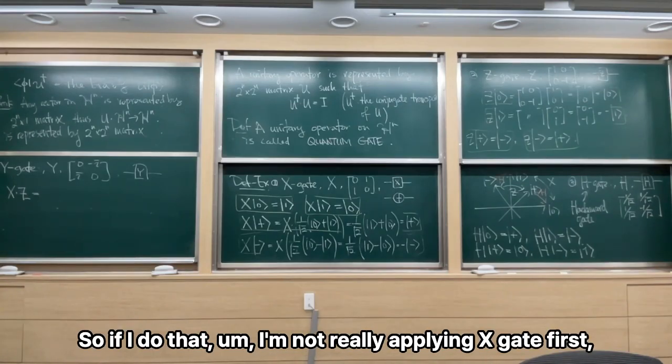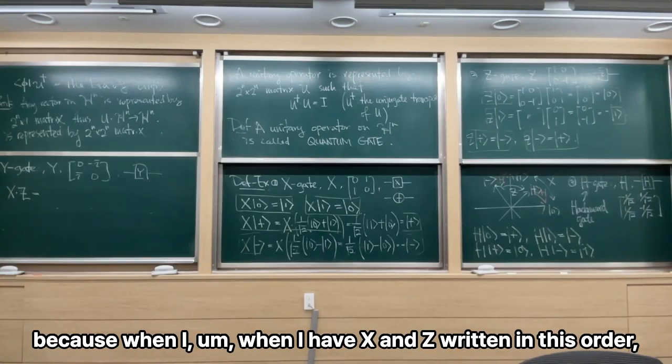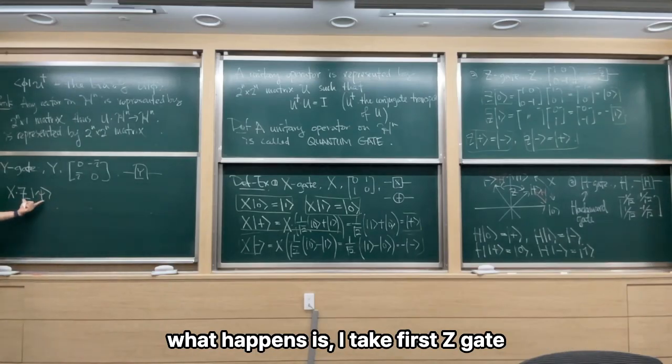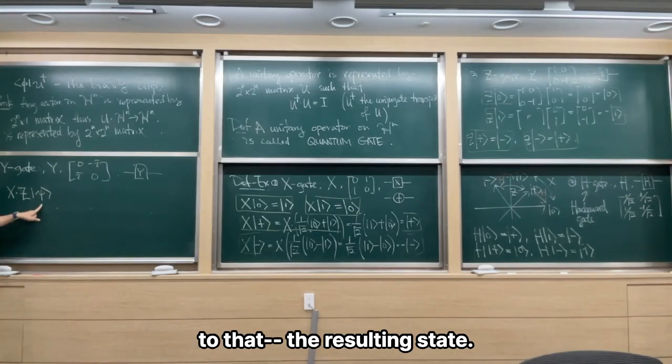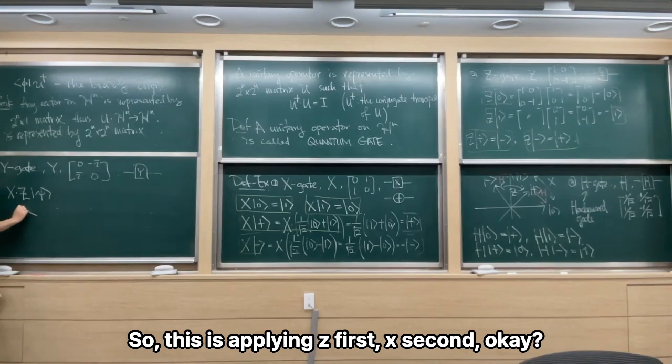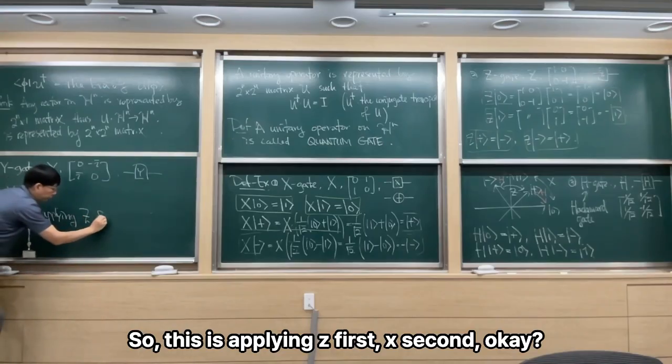I'm not really applying the X gate first, because when I have X and Z written in this order, what happens is I take the Z gate first on the psi state, and then apply the X gate to the resulting state. So this is applying Z first, X second.